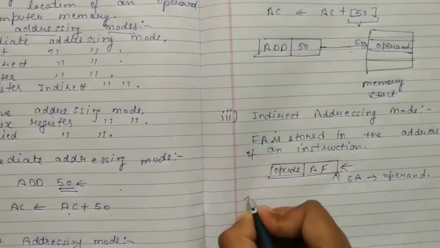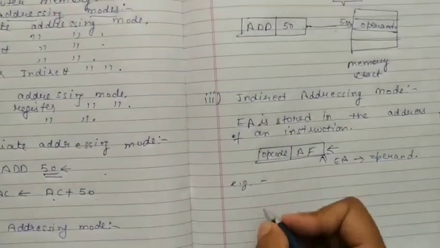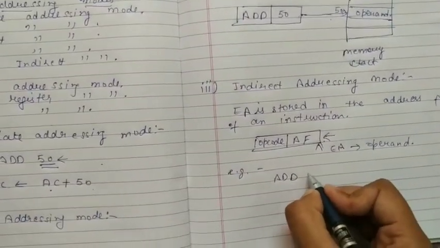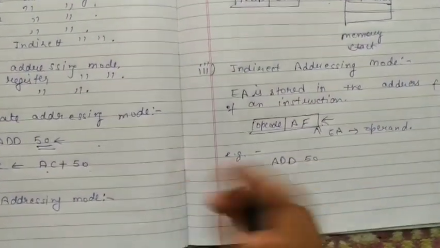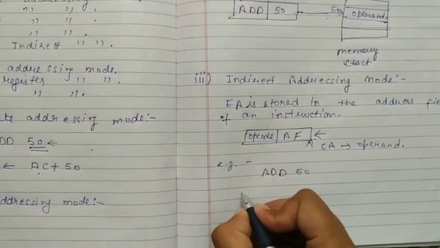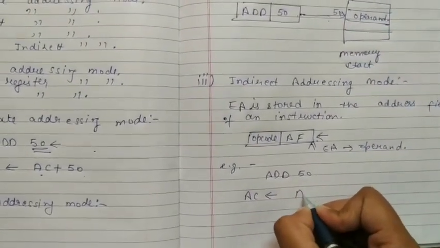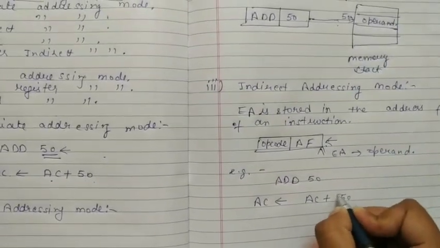For example, if we have our instruction as add 50, how can we write it? Accumulator will be assigned the accumulator plus [[50]].